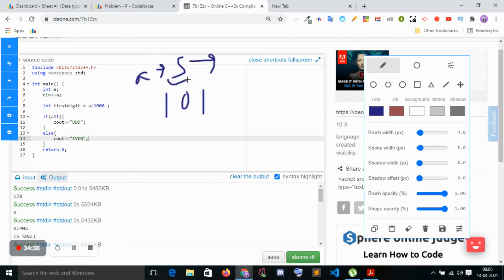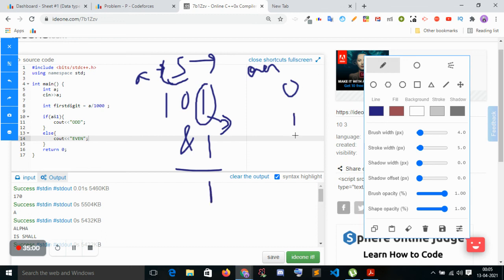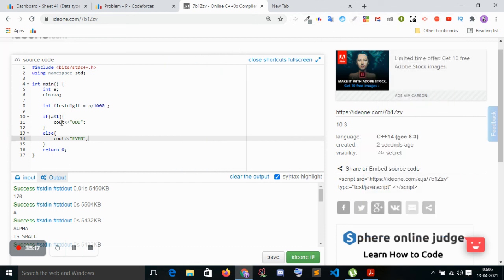Whatever the odd numbers are, the rightmost bit of the binary representation is 1, and whatever the even numbers are, their rightmost binary digit is always 0. With the AND operator, 1 and 1 always gives 1, and 0 and 1 always gives 0, because both should be true to get 1. So a and 1 will tell odd because of this. This is a trick, and a very good approach to solve this question.